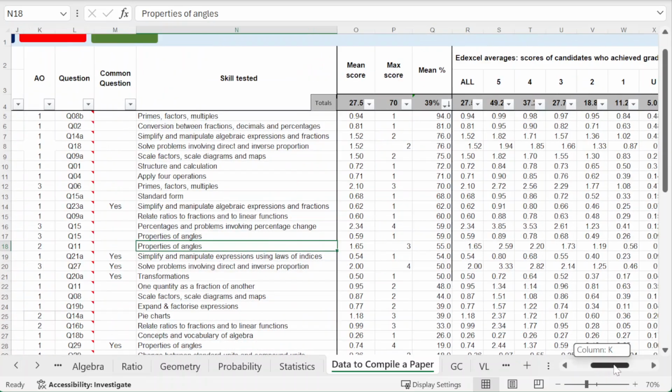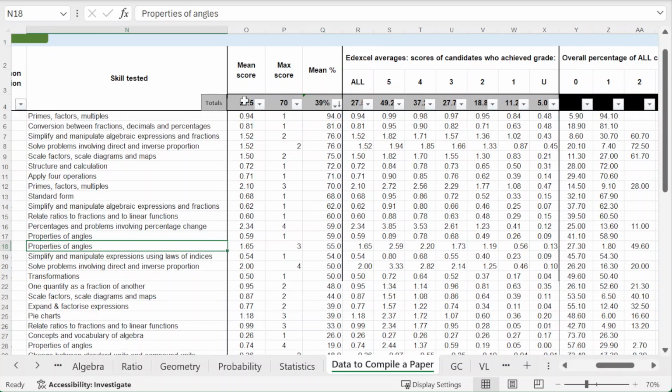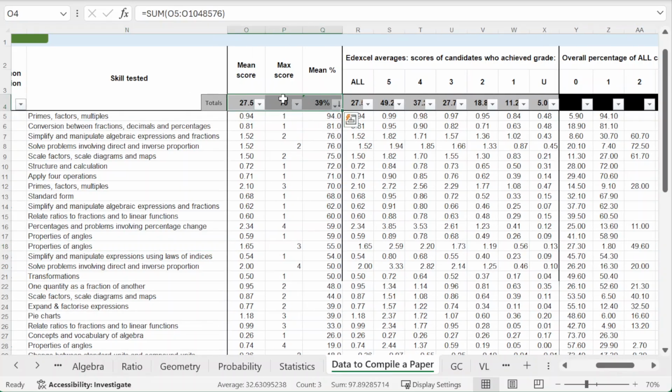What this also gives us is, so this is slightly out because I've got it written in as part A, part B, part C. So I haven't got the full marks for this, but they're saying the grade boundary is roughly 50 marks for a grade 5, 37 for a 4, 28 for a 3, 19 for a 2, and 11 for a 1.